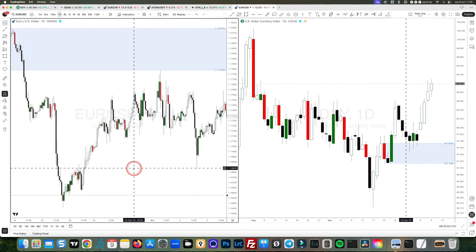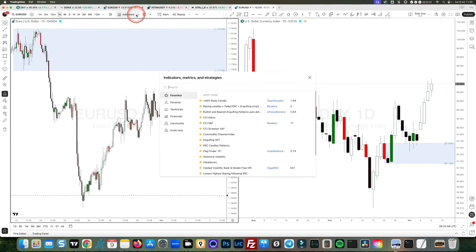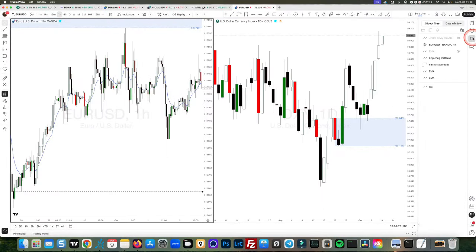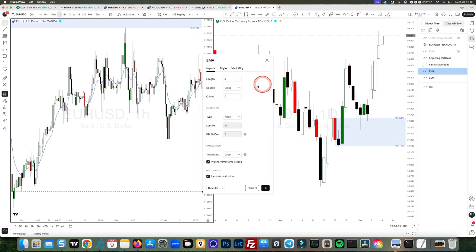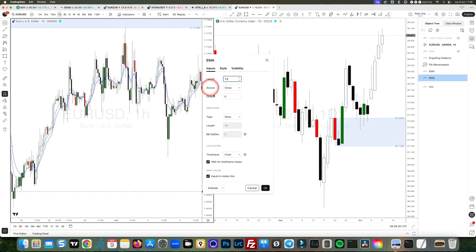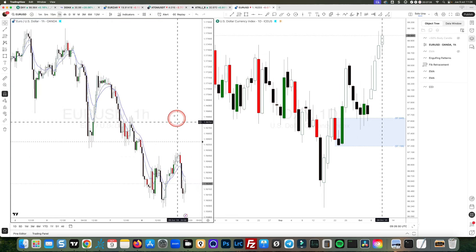And if you start adding indicators, like an exponential moving average, twice, and then I will use the 6 and the 12, very fast ones.